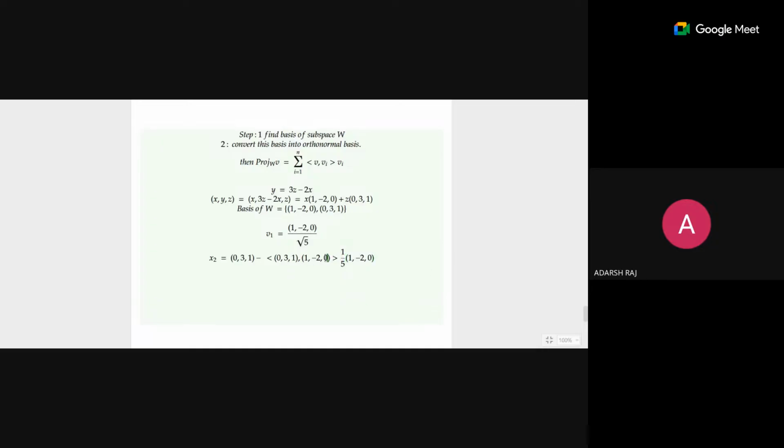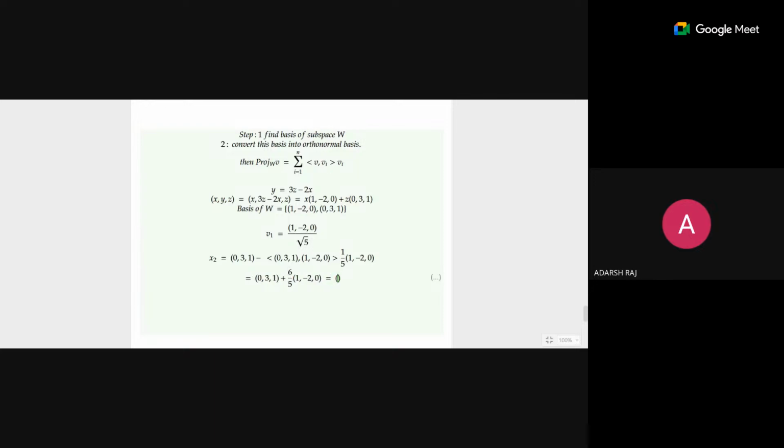Now compute this dot product. It is minus 6. Here there is a mistake. So this dot product is minus 6, which means plus 6 by 5.